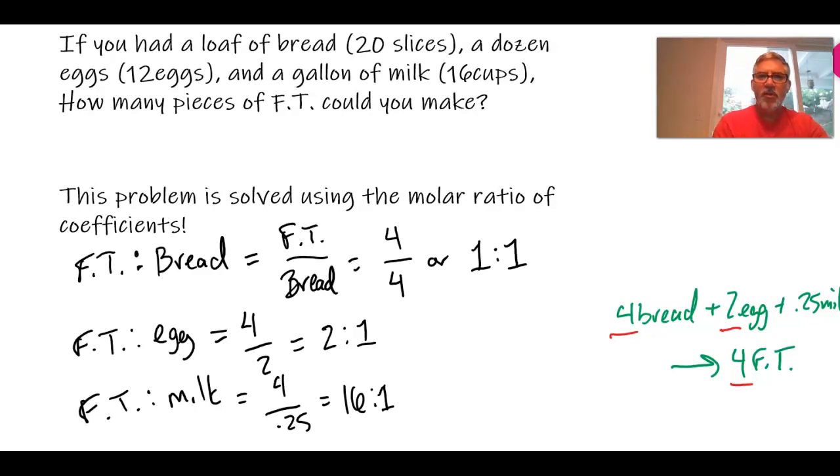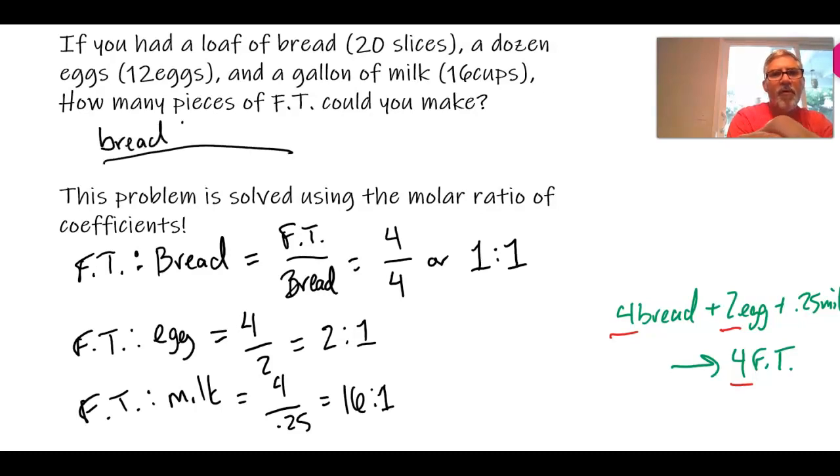Now we can start to use these molar ratios to figure it out. If I want to know about bread, I could just simply do it like this. If I have bread and I want French toast, stoichiometry lets me convert between 2 different things.